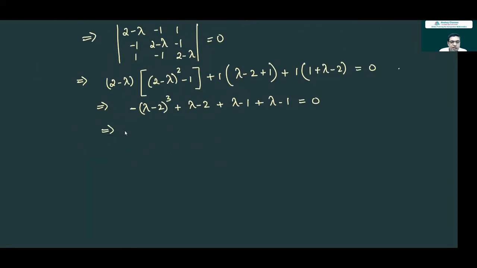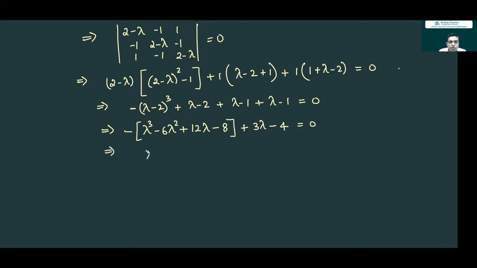So this is a minus b the whole cube, a cube minus 3a square b plus 3ab square minus b cube. So we get minus lambda cube plus 6 lambda square minus 12 lambda plus 8, plus 3 lambda minus 4 equal to 0.